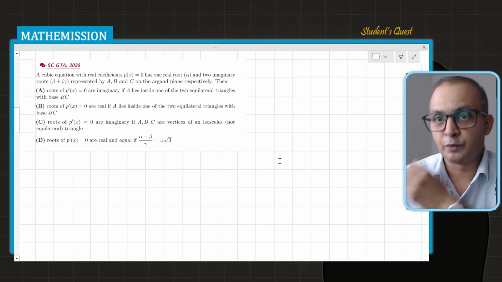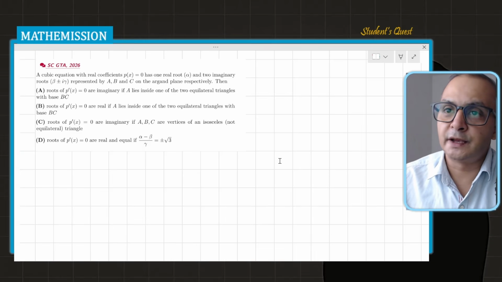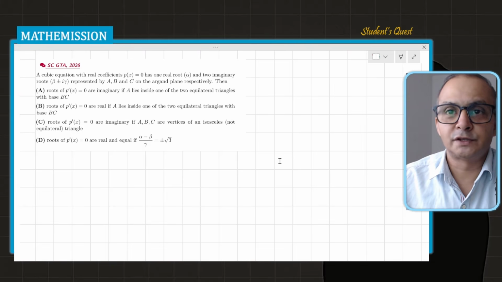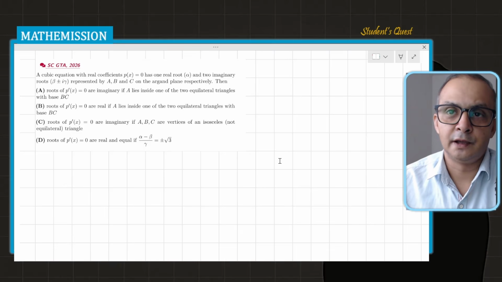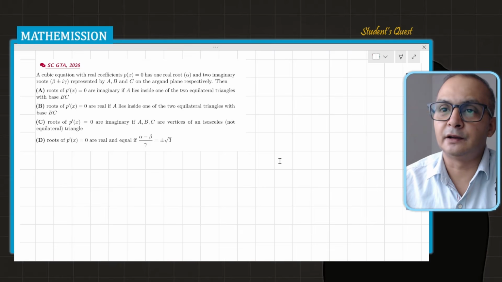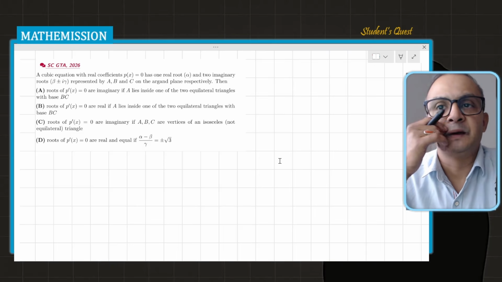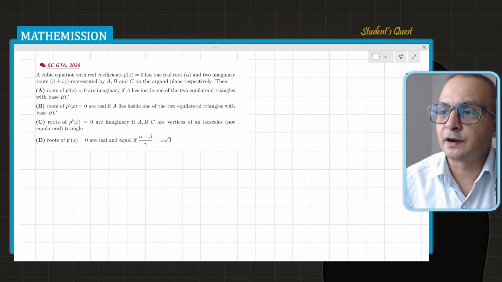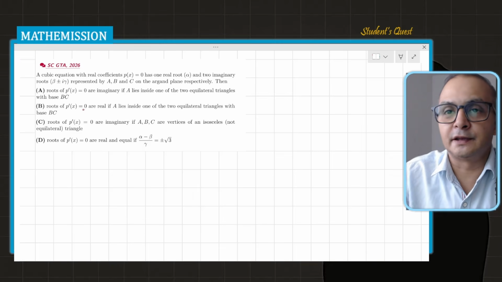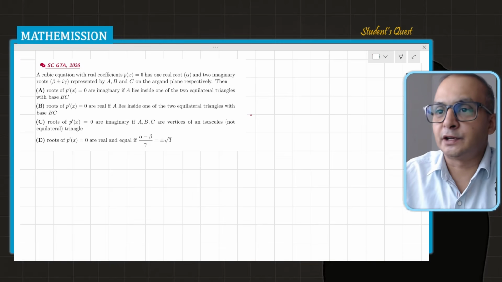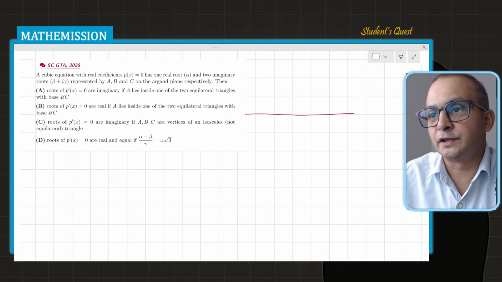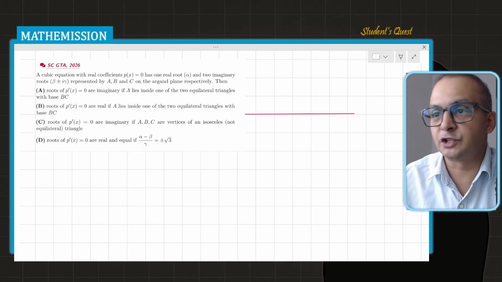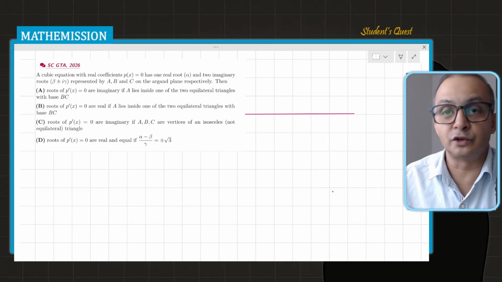This question is: a cubic equation with real coefficients, p(x) equal to 0, has one real root alpha and two imaginary roots beta plus minus iota gamma, represented by A, B, C on the Argand plane respectively. Then, okay, so let's try to draw the diagram first, how these complex numbers and the real root are positioned.